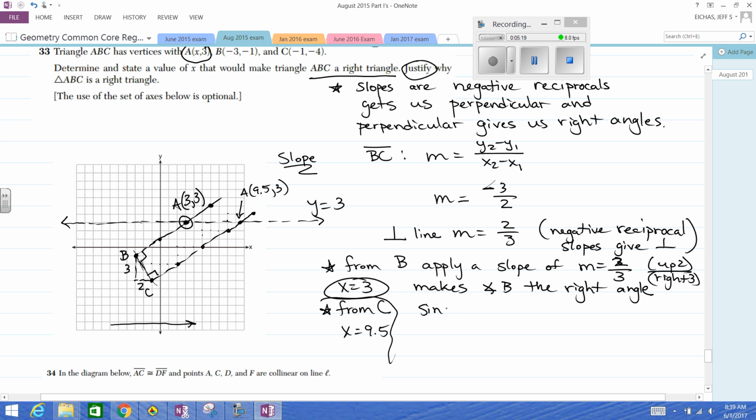Since triangle ABC has a right angle, A at 3, 3 makes triangle ABC a right triangle.